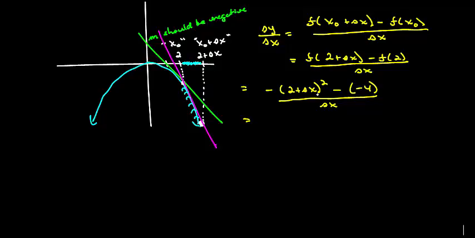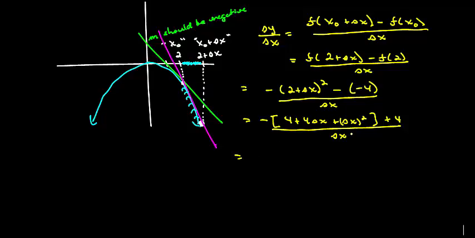So we keep going. Now let's actually square this out. So this is negative 4 plus 4 delta x plus delta x squared, plus 4, over delta x.